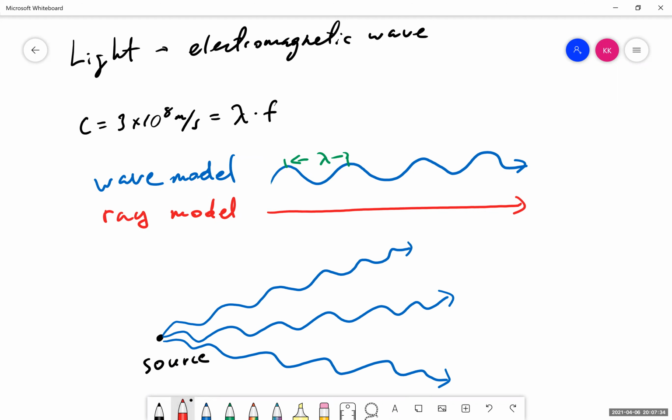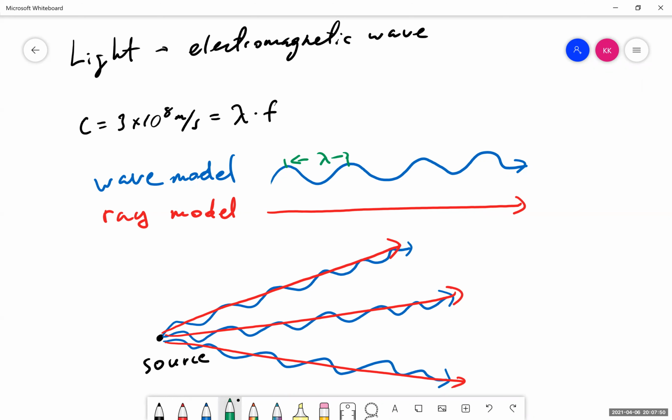Now what I can do here is represent the same thing with the ray model, where I can say that the light is basically moving in that direction. I can represent it with an arrow and a straight line.